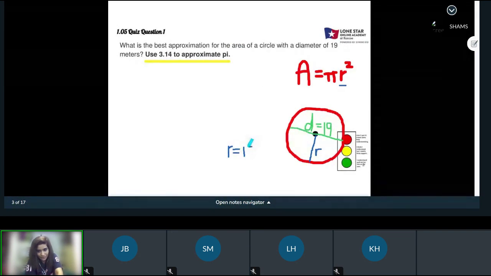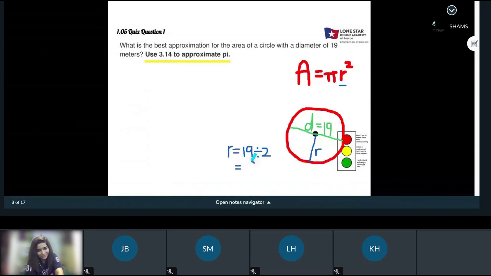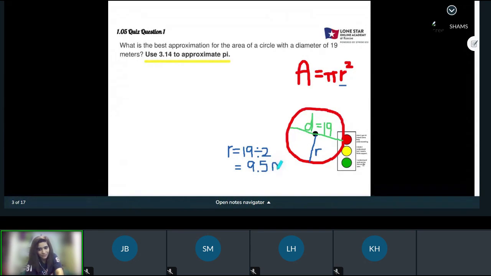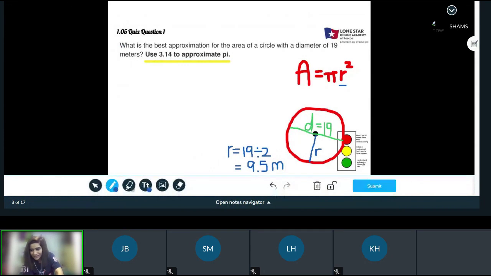So 19 divided by 2, and the radius is 9.5 meters. That is the radius, 9.5 meters. I will pause here. Are there any questions?